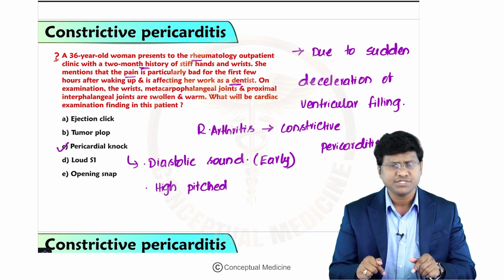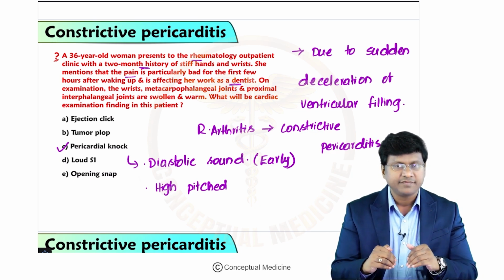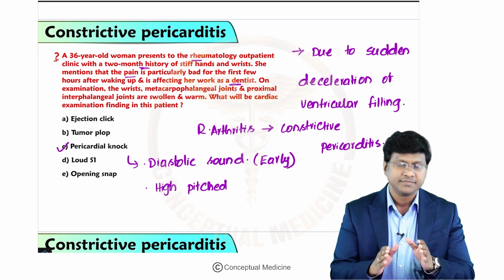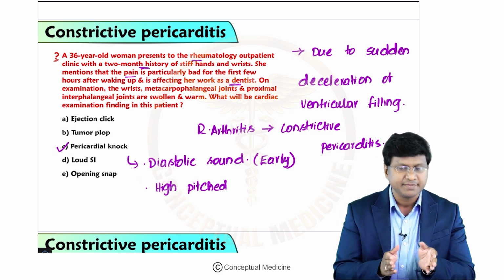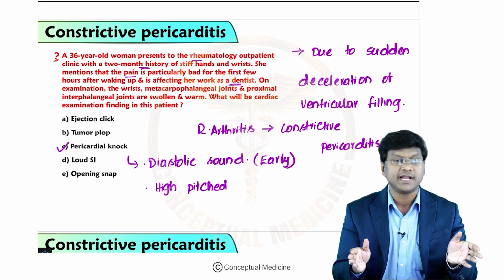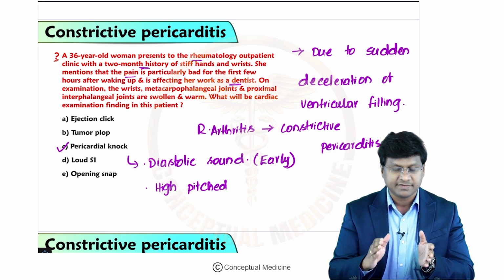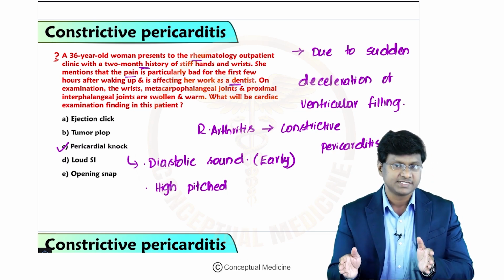So in patients with constrictive pericarditis, the ventricular filling will be there only up to one third, and after one third the pericardium is not allowing the ventricle to relax for the remaining. That means there will be no two thirds, and there will be no final part of your diastole.